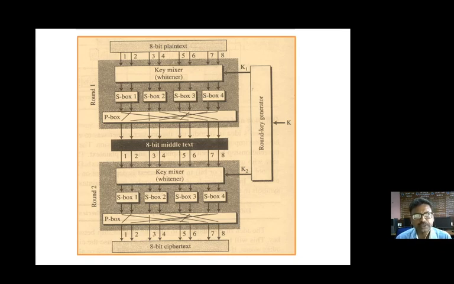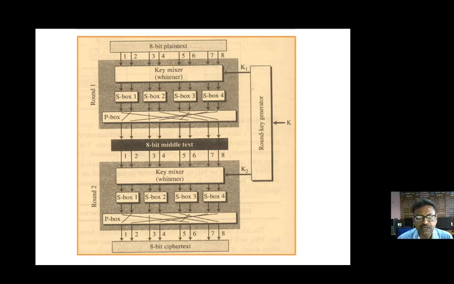So the 2-bit input in S-box 1 is creating 2 outputs, the 2-bit input in S-box 2 is creating 2 outputs, and so on. And then the P-box is being applied.